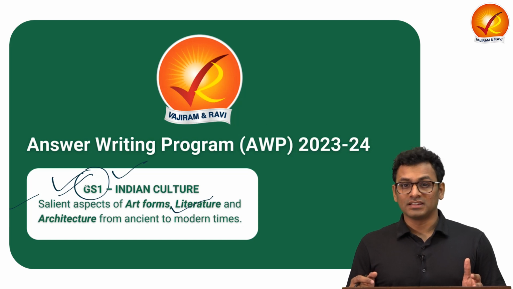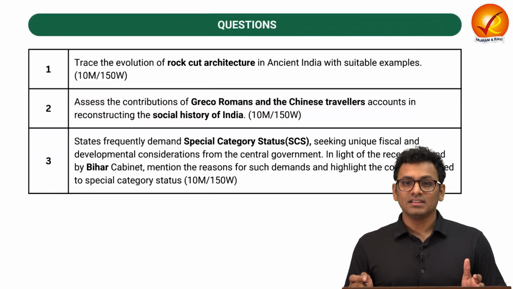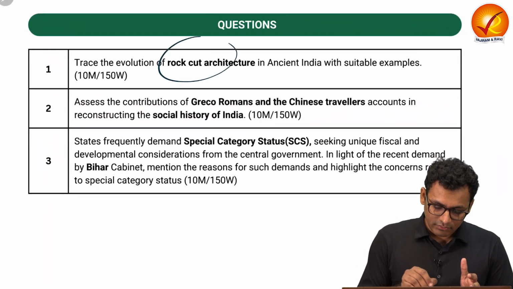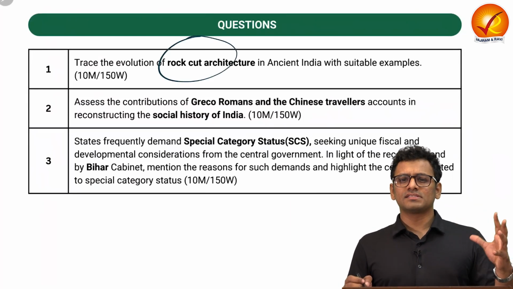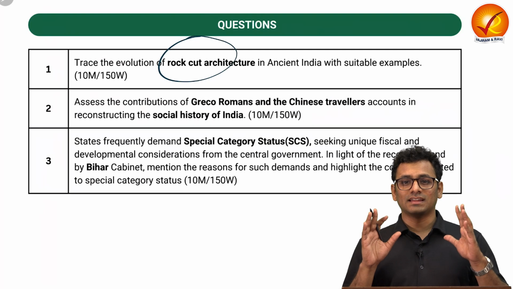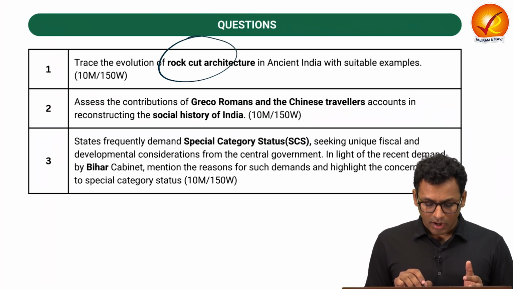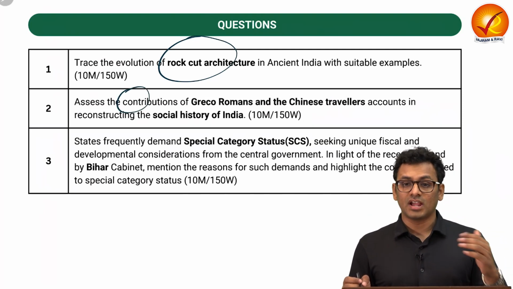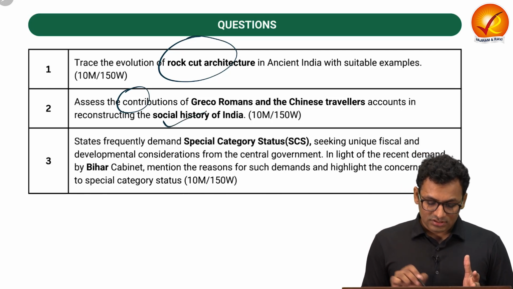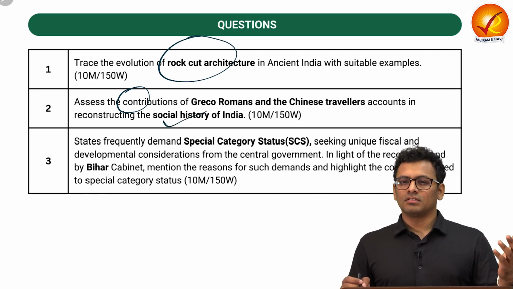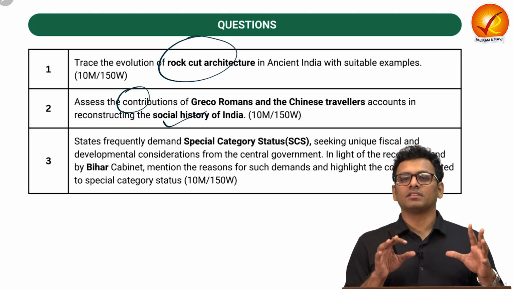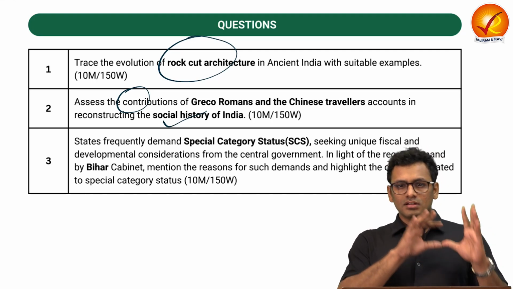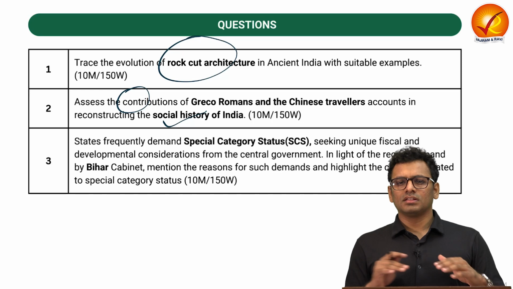Let's see the overview of the three questions. The very first question is with respect to architecture. We are going to see a question on rock cut architecture, the evolution of rock cut architecture in ancient India. The next question is about the contribution of Greco-Romans and Chinese travelers to understand the social history of India. We have seen certain questions where literature helps us understand the societal aspects of ancient India or the past.